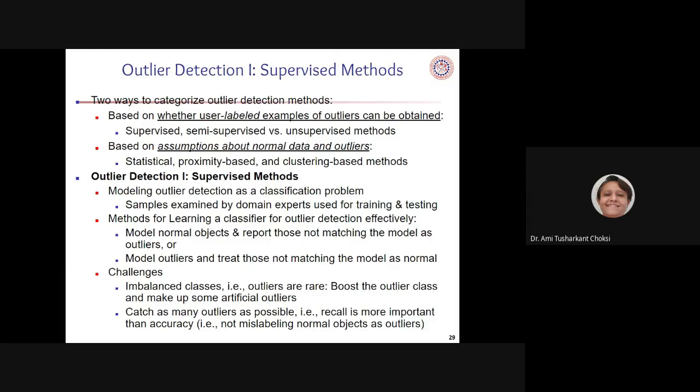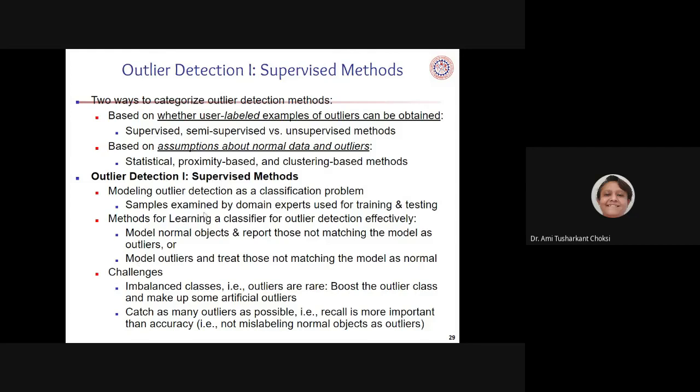Supervision is there, class labels are there, and then we want to do outlier detection. Here we model outlier detection as a classification problem.